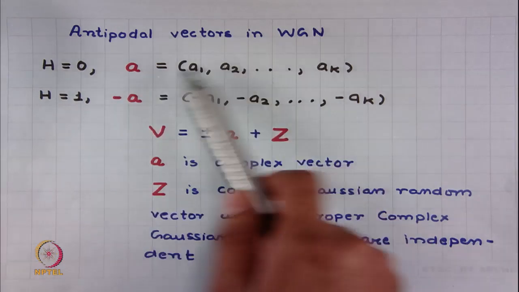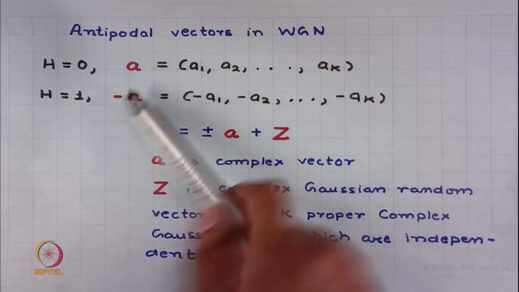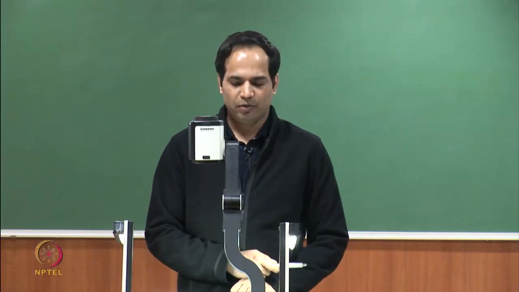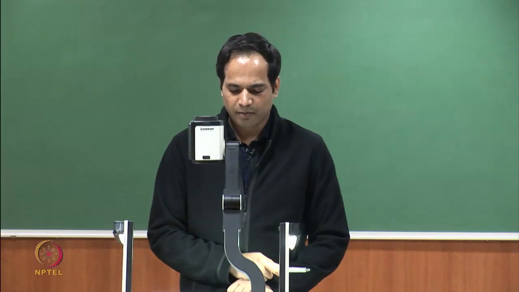And we assume that these vectors are complex vectors because we want to generalize issues. We will see what happens when these vectors are complex, and then going from complex to real vector detection is trivial. Okay. So, we want to start thinking about detection of complex vectors. All right.